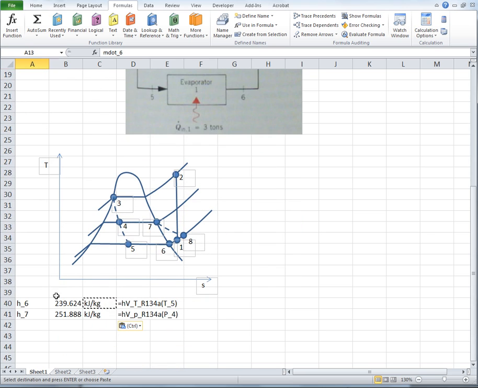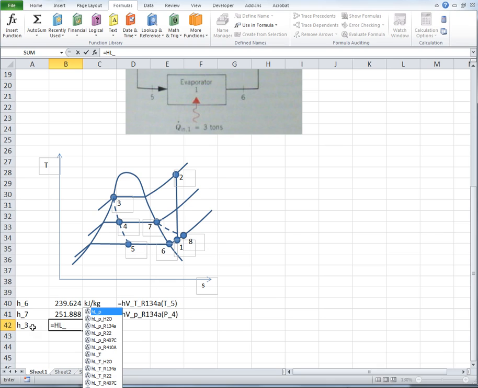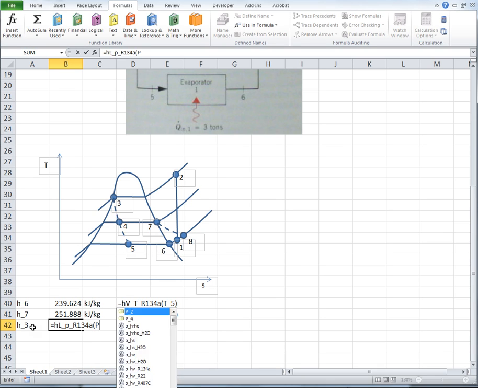So for the intermediate pressure evaporator, we need this enthalpy at the inlet, and notice that H3, H4, H5 are all the same. So how much is H3? H3 is indeed H liquid as a function of pressure for refrigerant 134A, and that's based on, I think I called it P2.